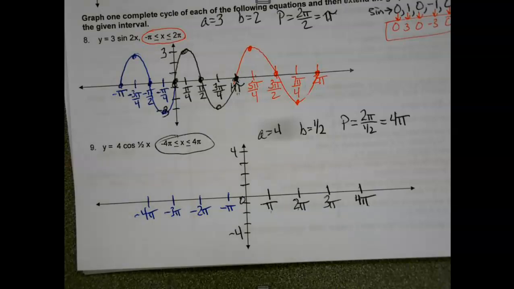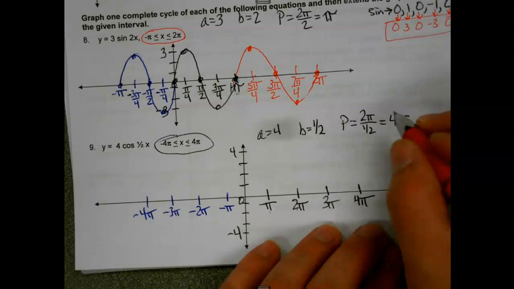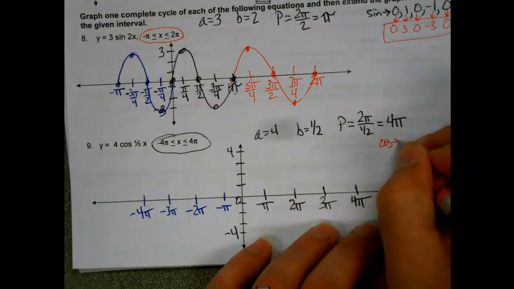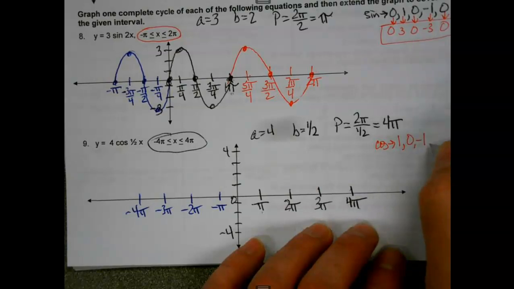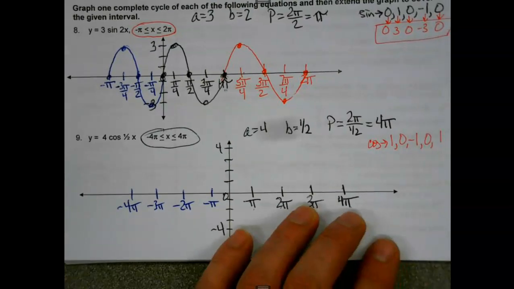And then the only other thing of caution here is remembering, okay, this is cosine. So with cosine, you start at 1, go down, underwater, back to the surface, back up to the top.